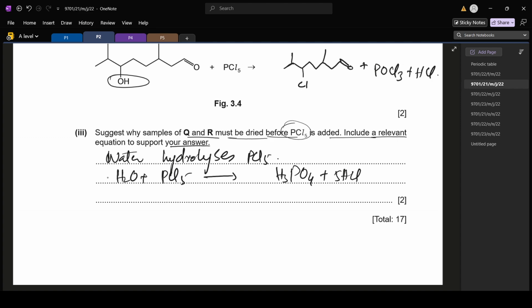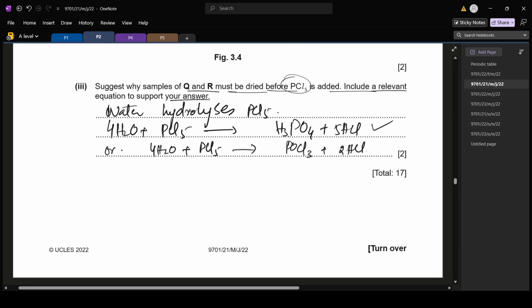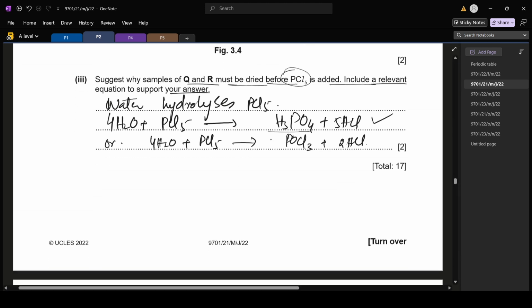This equation is also correct, and if PCl5 reacts with water and forms POCl3 plus 2HCl, this equation is also correct, but I would suggest you write the first equation because in a hydrolysis reaction PCl5 is converted into phosphoric acid.